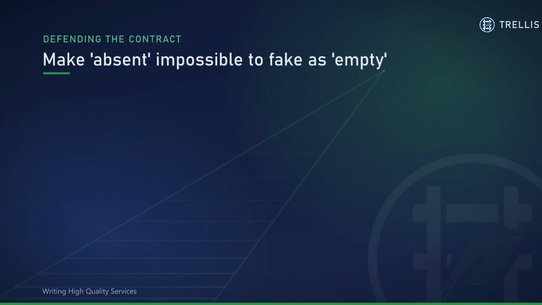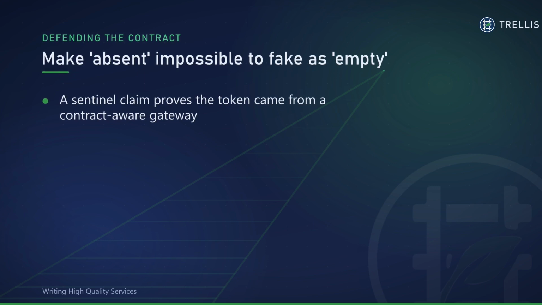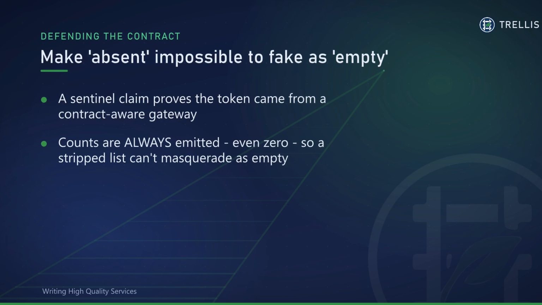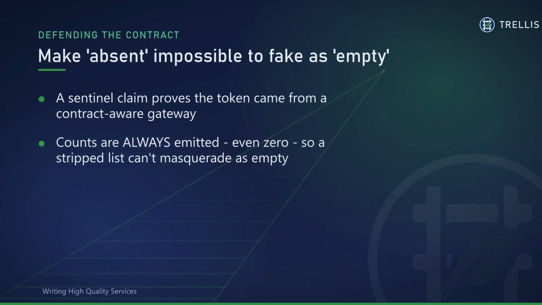So how do we defend it? Three layers. First, a sentinel claim. A little version marker the gateway always stamps, proving this token came from a gateway that speaks our contract. Second, and this is the clever part, the gateway always emits a count of the permissions and the denied permissions. Even when the deny list is empty, it emits the count 0.